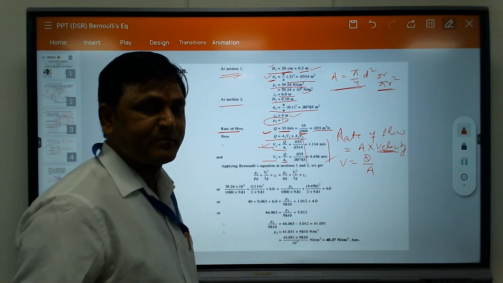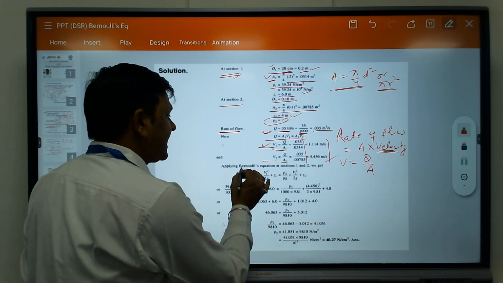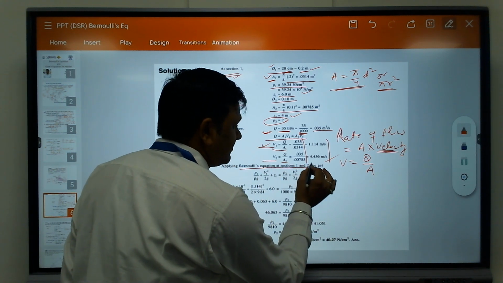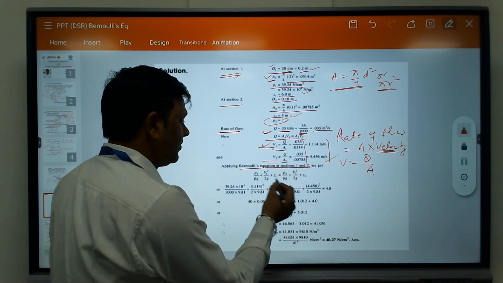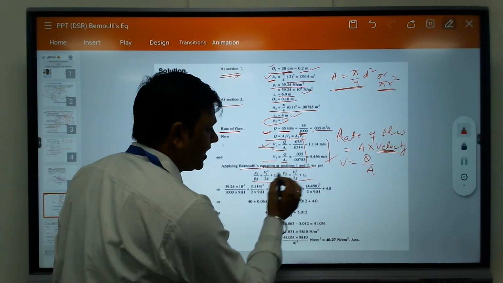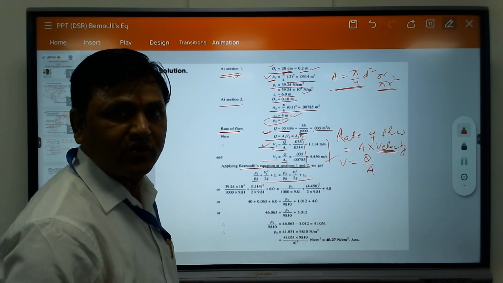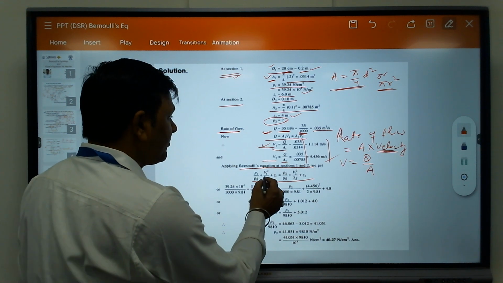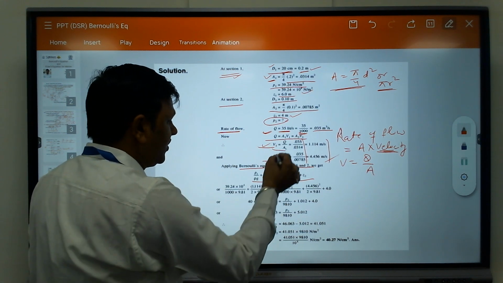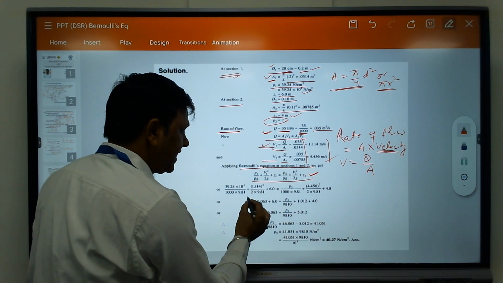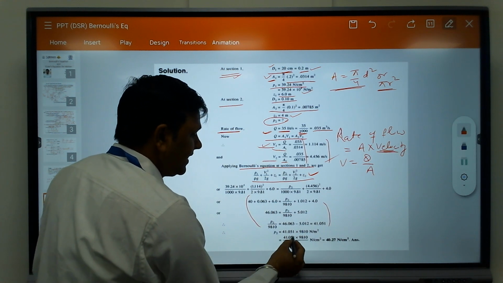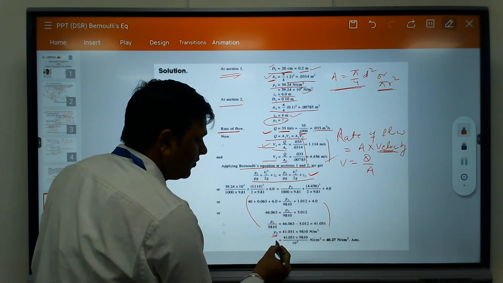Okay. Now applying the Bernoulli's equation at sections 1 and 2, we know this is the formula for the Bernoulli's equation. Putting all these values in this formula, and after calculating, we will get the P2.